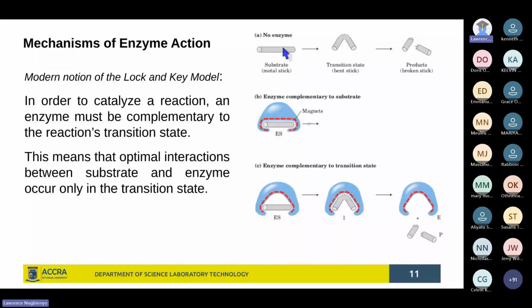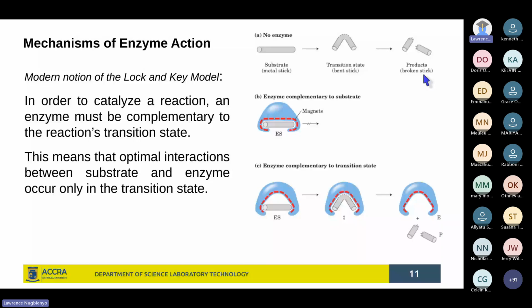So let's say that's the reaction we want, to have that metal stick broken. In a transition state, the metal stick is bent, and then from the transition state, you have the metal broken into two. So you have this broken stick as the products.